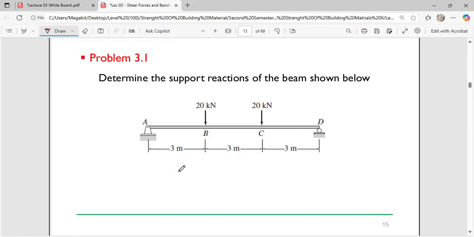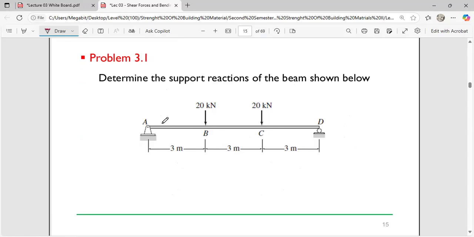So you can see that this is a beam. This is a simply supported beam. Simply supported beams are beams that are either hinged at both ends or hinged at one end, and a roller is also used at the other end.